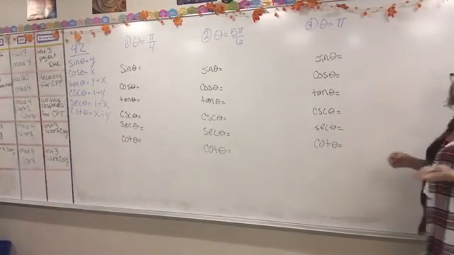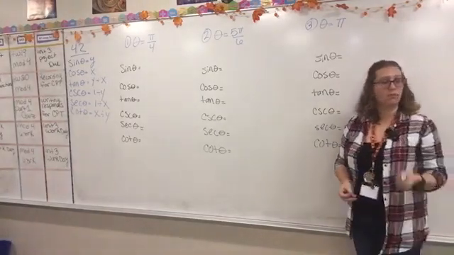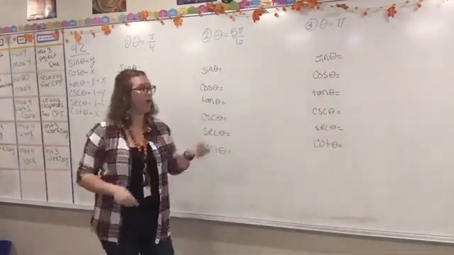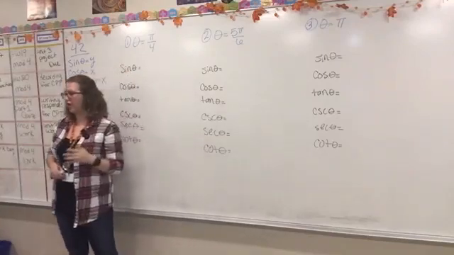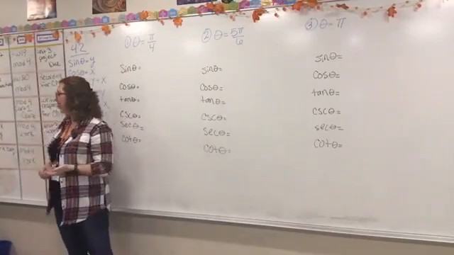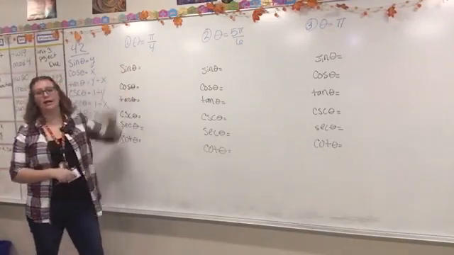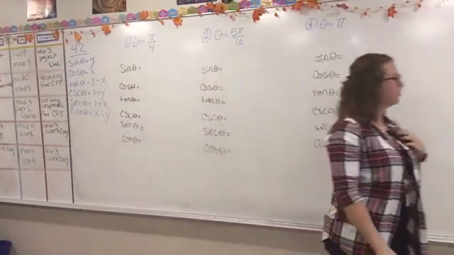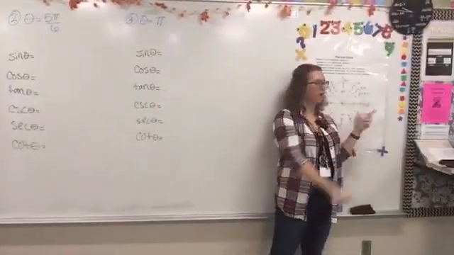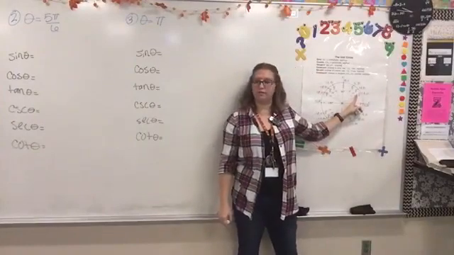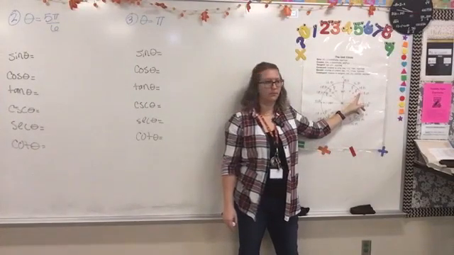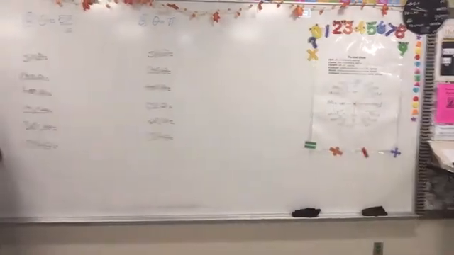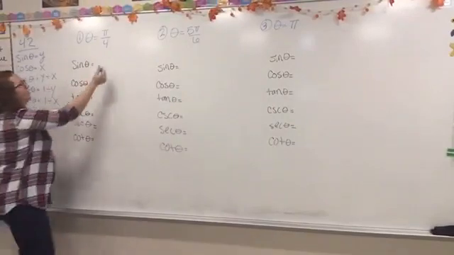What do I need in order to find all 6 trig functions? I need to know where it is in the circle. After I find where it is in the circle, what's the next thing that I need to find? My coordinates. All right, so pi over 4 is my first radian I'm looking at. Where is pi over 4 on your circle? My first quadrant. Pi over 4 is right here. What are the coordinates of pi over 4? Root 2 over 2 and square root 2 over 2. So that's my next step, I'm going to write down my coordinates.